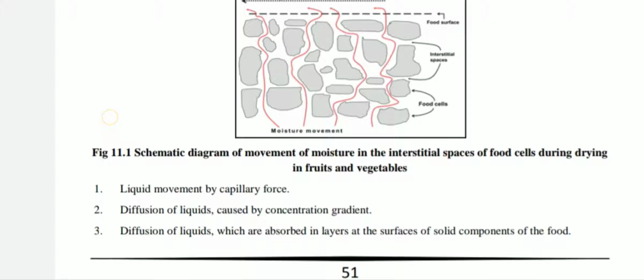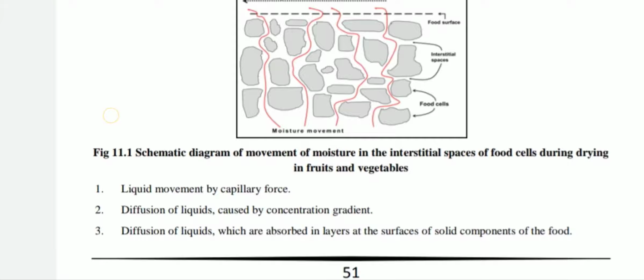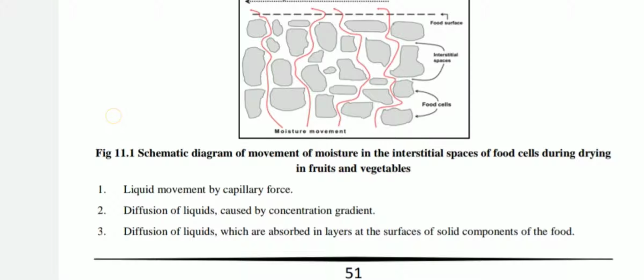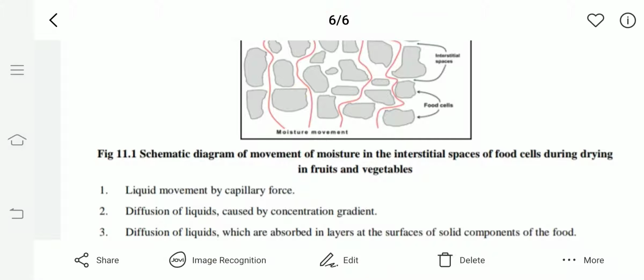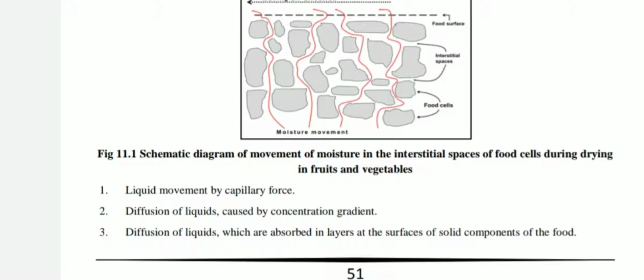move towards the direction of air, then the concentration gradient starts diffusion of liquid from the cells which have higher concentration. Movement of liquid starts to diffuse within the cell to the intercellular space.